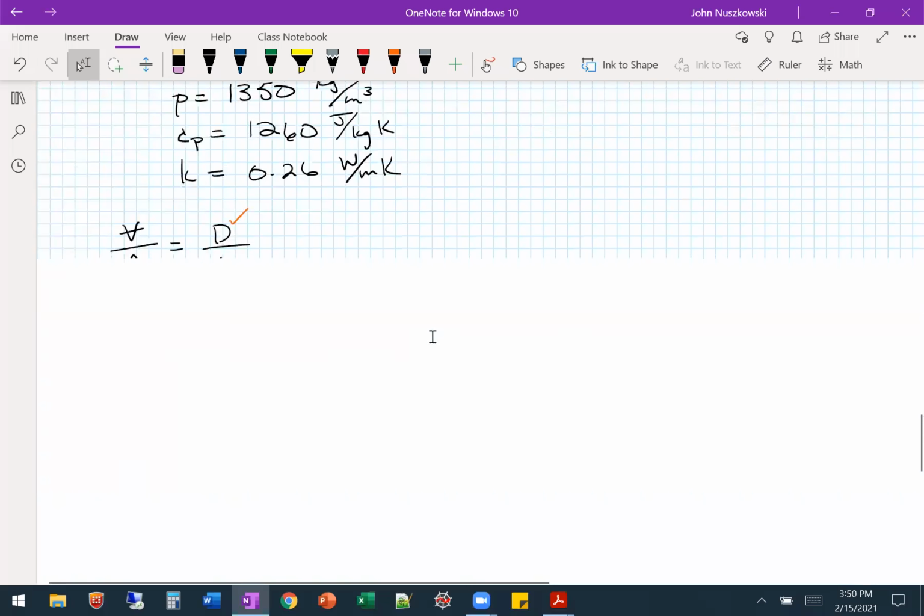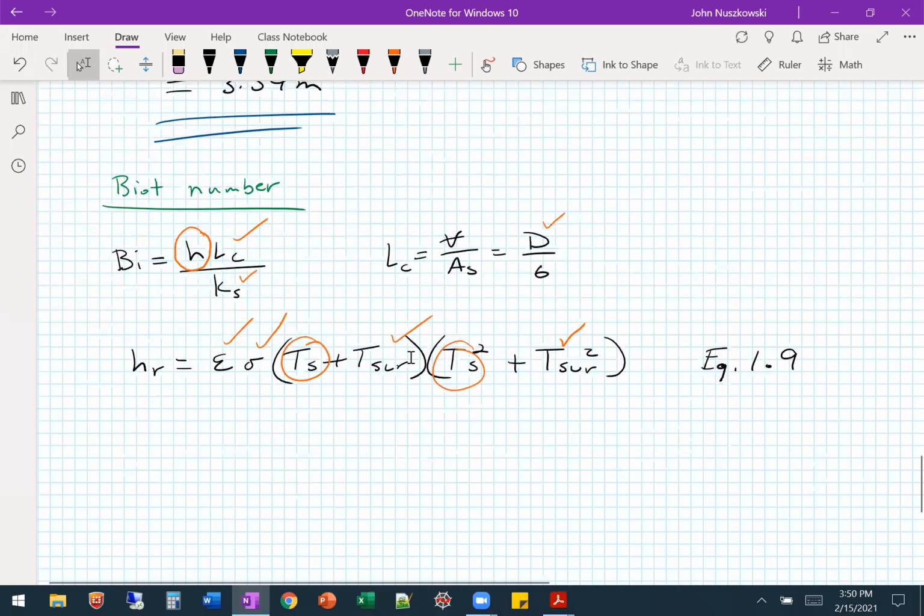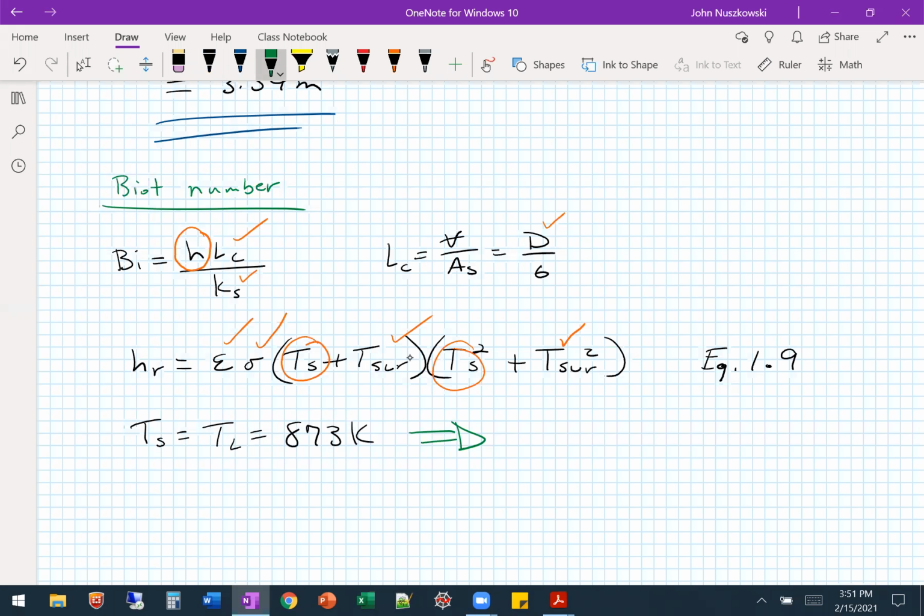So if we say the temperature of the surface is T_L, which is 873 Kelvin, and we calculate our radiation coefficient, and from that solve for our Biot number, we're going to get a Biot number of 0.19 in this case.